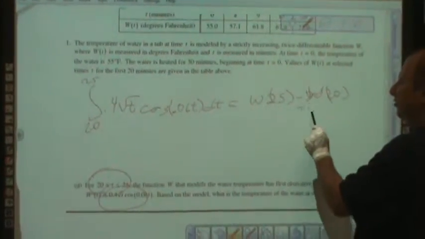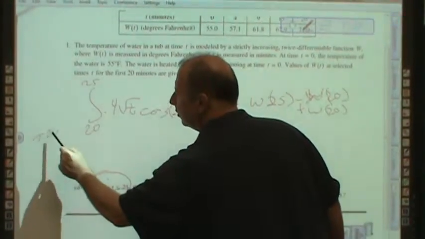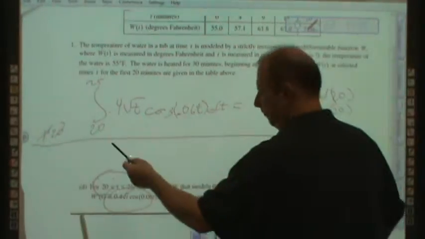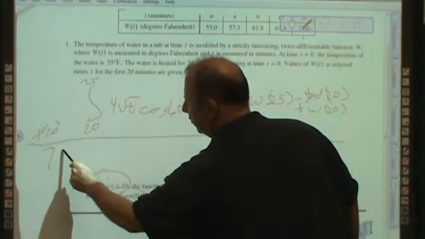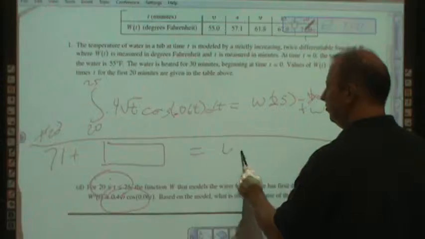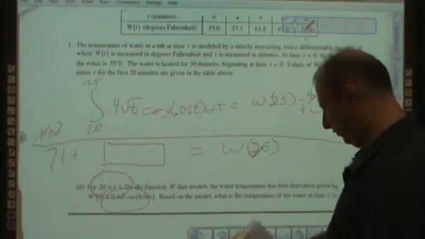And if I add W of 20 on both sides, I end up with W of 20, which was 71, plus whatever this is, equals the temperature at 25.